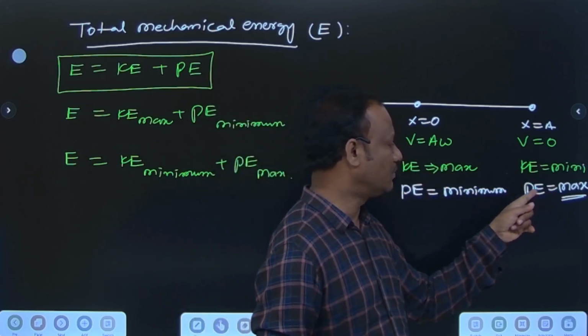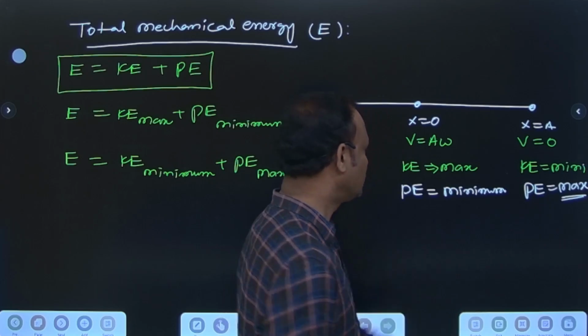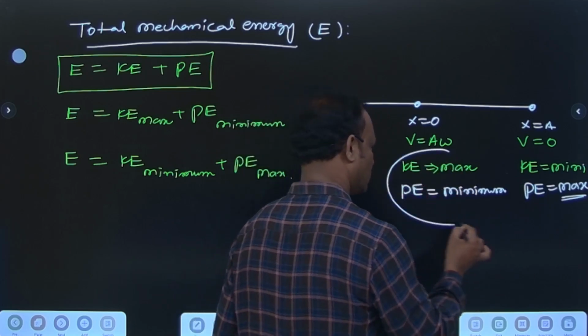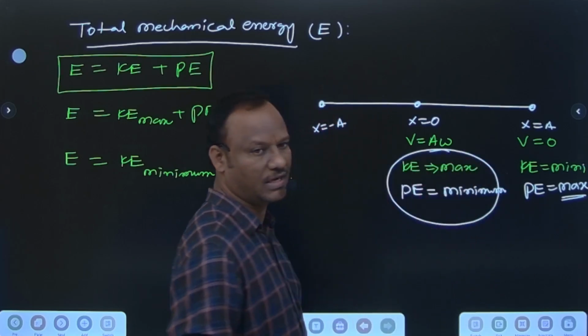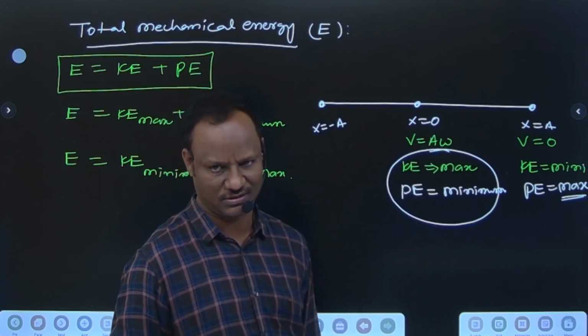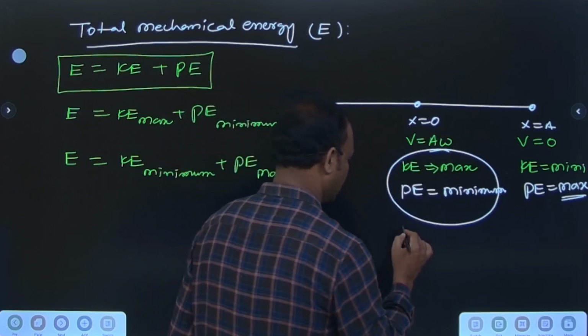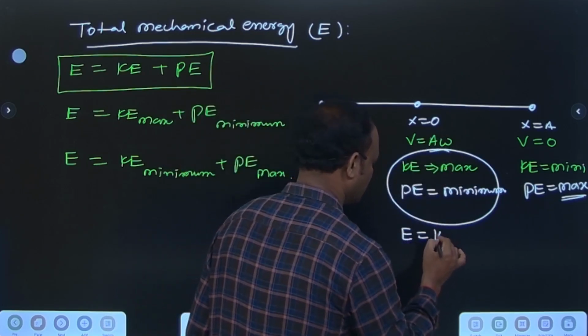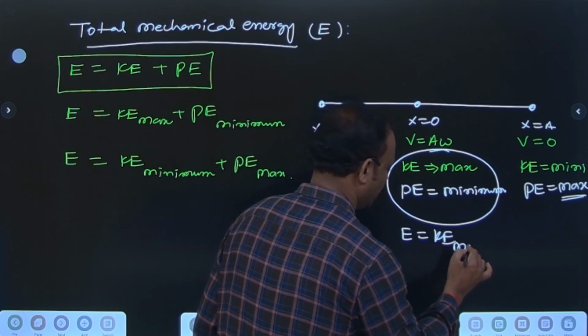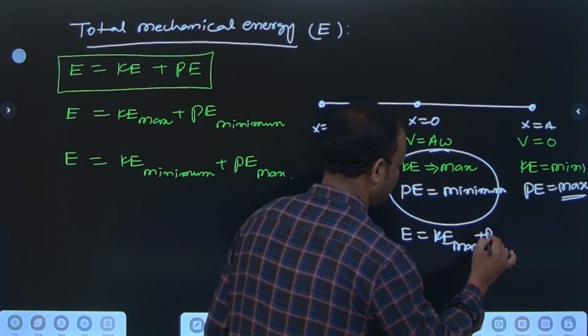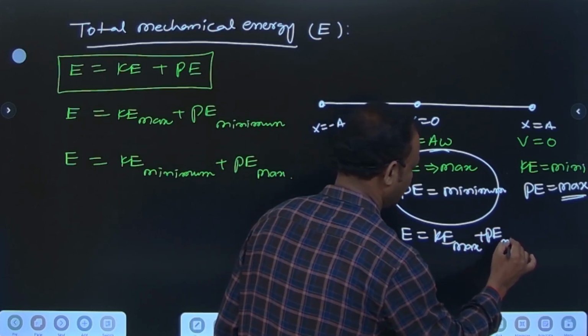At the extreme, kinetic energy is minimum and potential energy maximum. What is the total mechanical energy at the mean position? E is equal to kinetic energy maximum plus potential energy minimum.